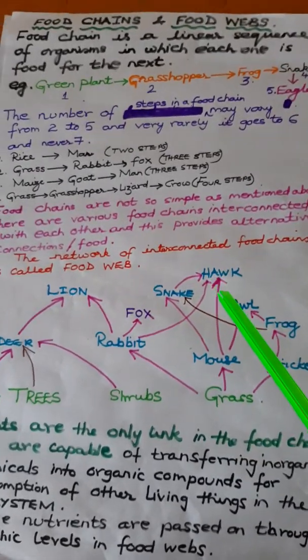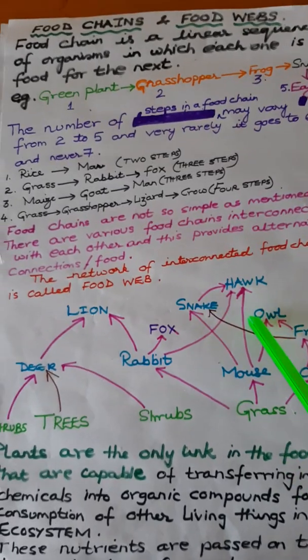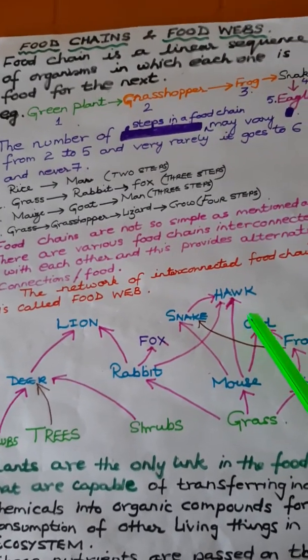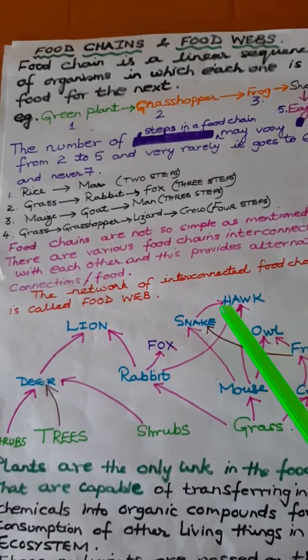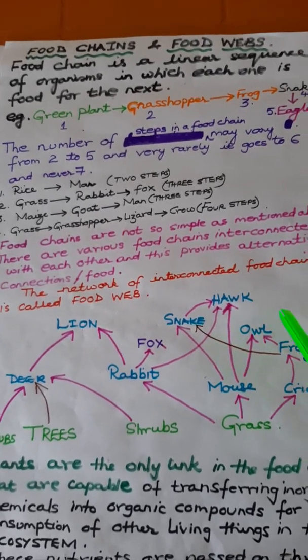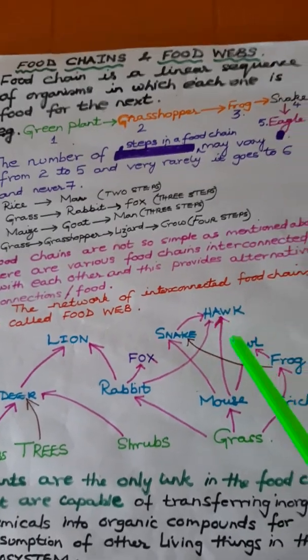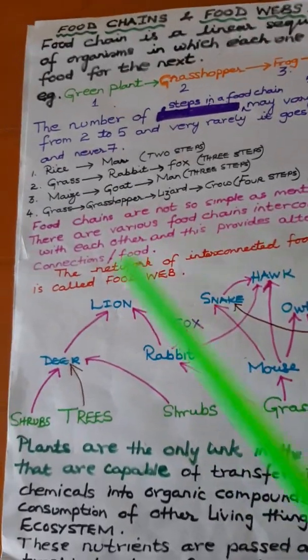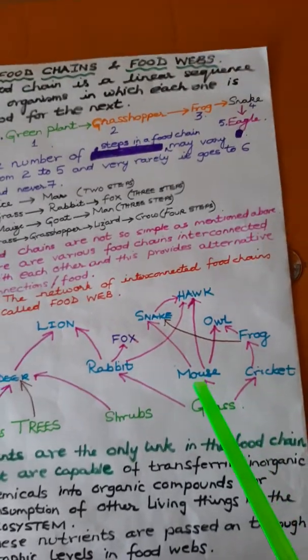So when food chains are interconnected with each other in the ecosystem, this interconnection of food chains is called a food web. Now here is a small diagram of a food web.